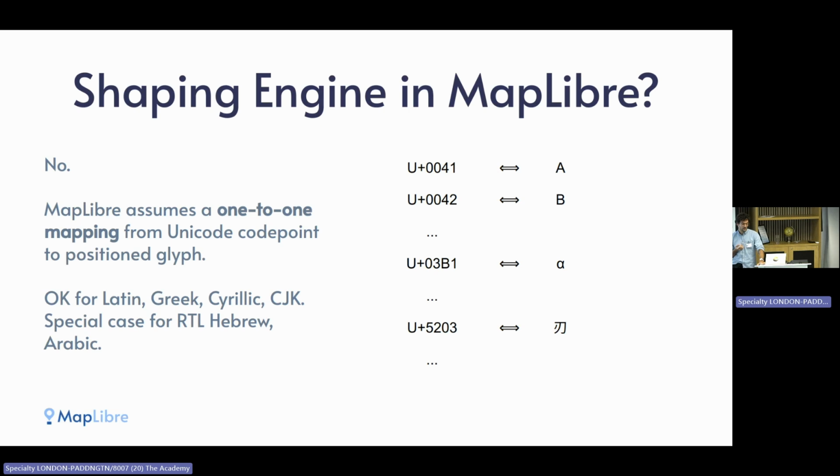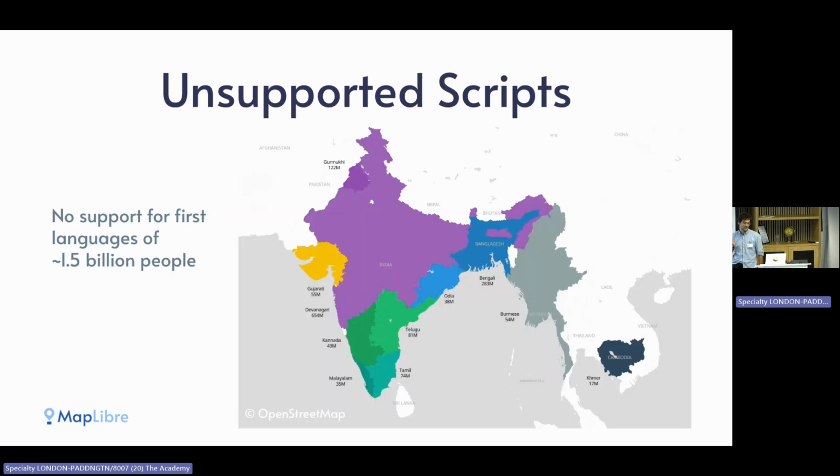Where this really hits the limits is in the unsupported scripts in South and Southeast Asia. It's mostly Indic scripts which are affected. I listed here the number of millions of people who speak these languages. It's all of this, and down to Cambodia, where you have Khmer, and it's something like 500 million, 1.5 billion people. Probably it's even more, because India alone is already at 1.5 billion.